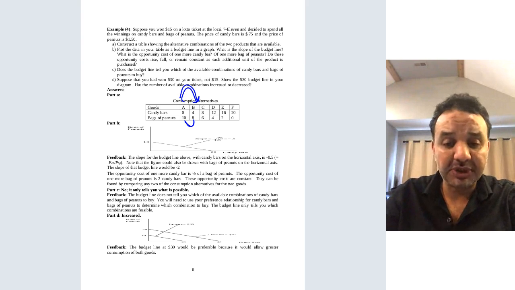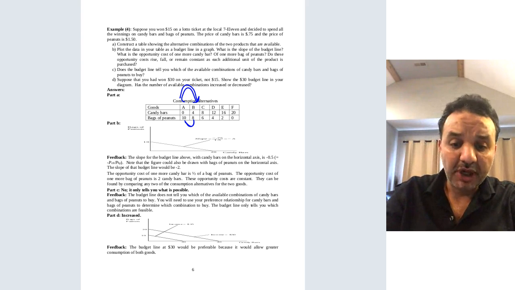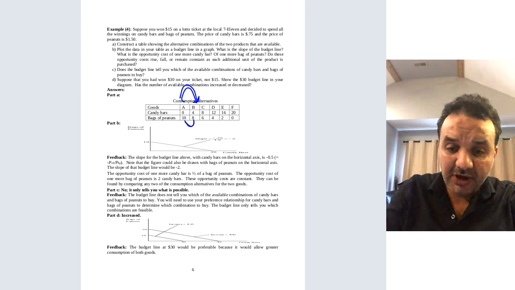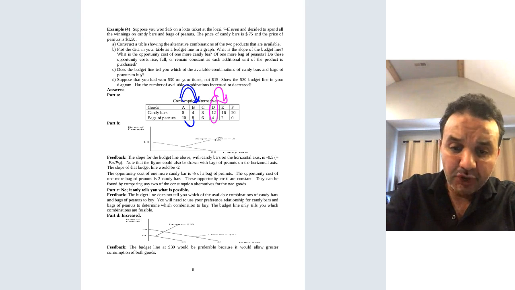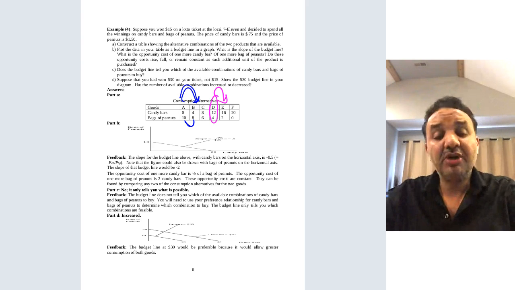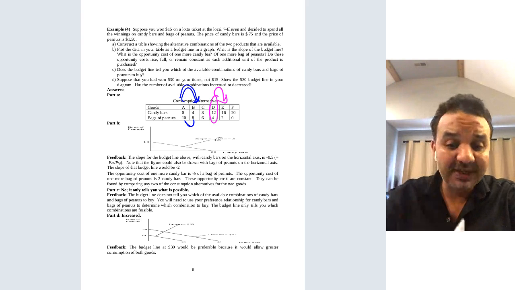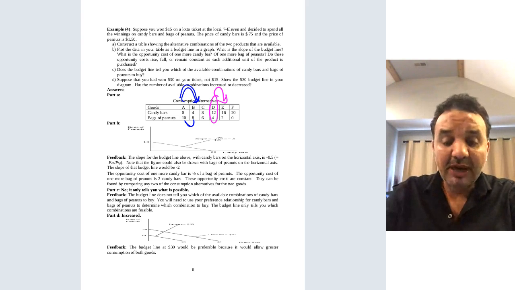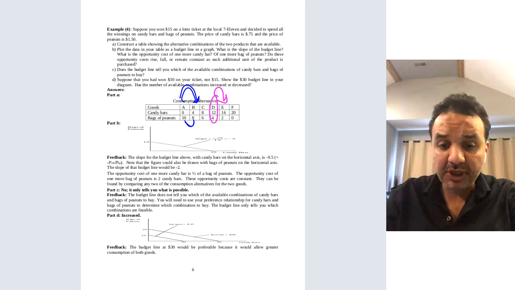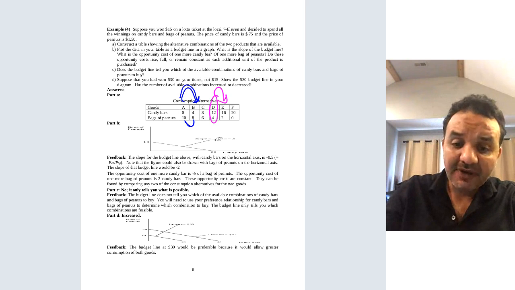If you didn't get it, let me explain in a different way. Let's say you are currently at point D, and you want to move to point E. I may ask: what is your opportunity cost of moving from D to E? You will gain 4 additional candy bars, right?